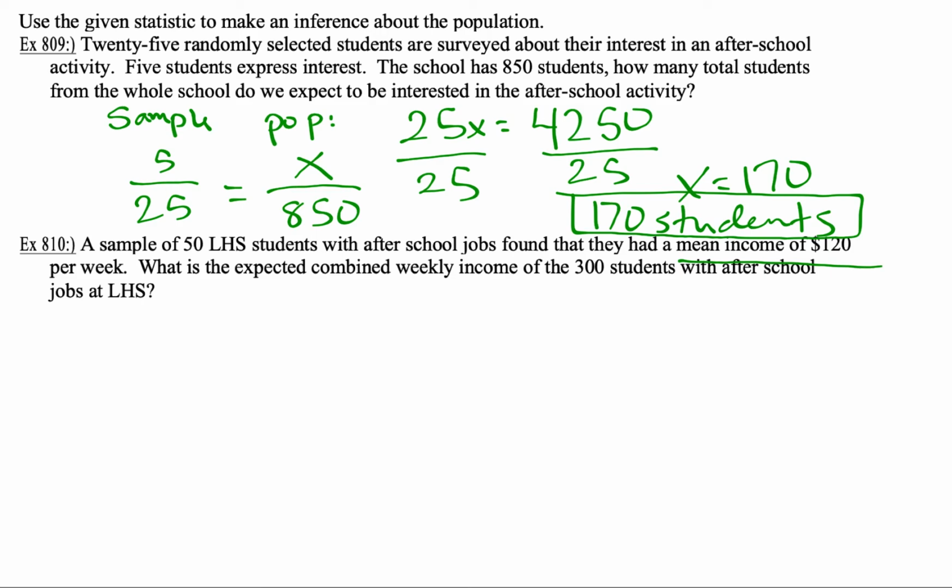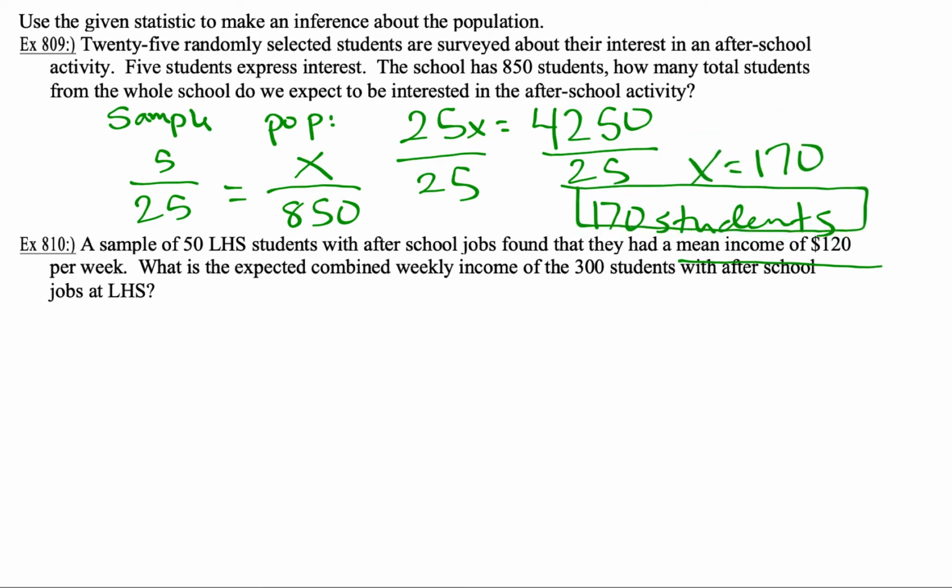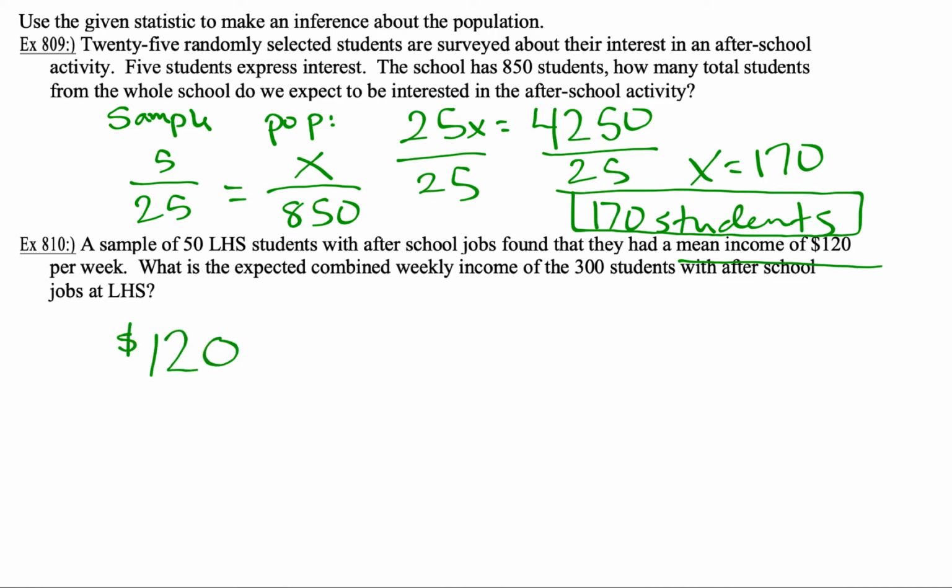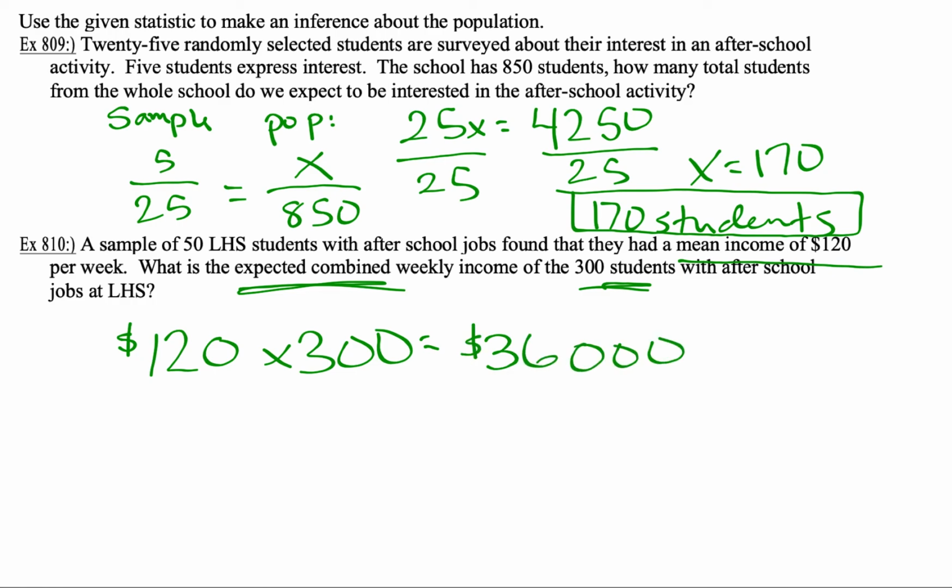We are going to assume that the population also has a mean of $120 per week. So we can take $120 per week, and all we need to do is multiply by 300 students, because we're going to get the combined expected weekly income. This would give $36,000. So we expect the 300 students with those jobs to earn a total of $36,000 a week.